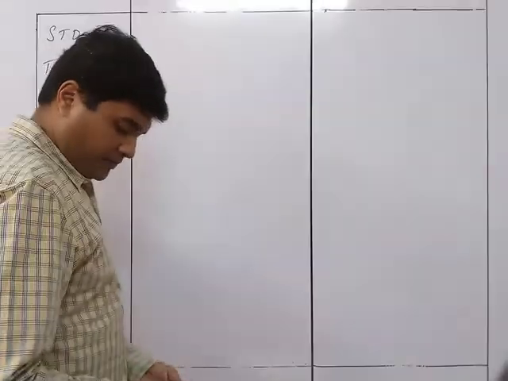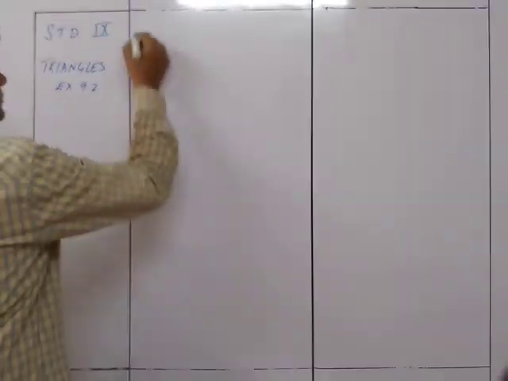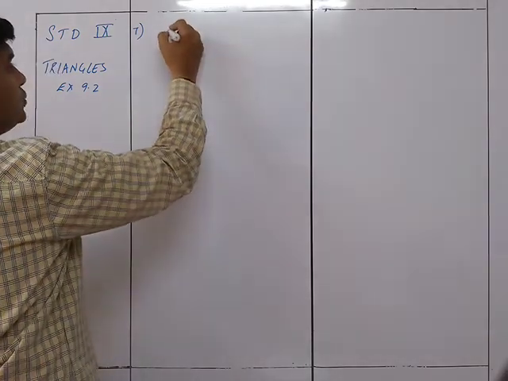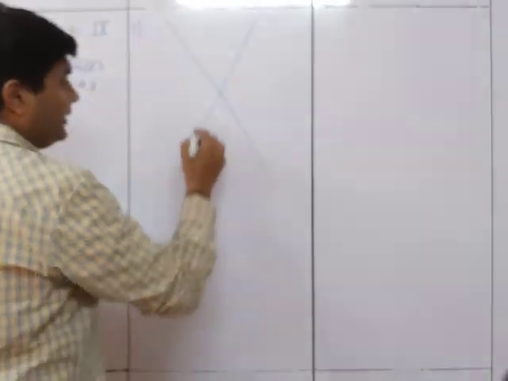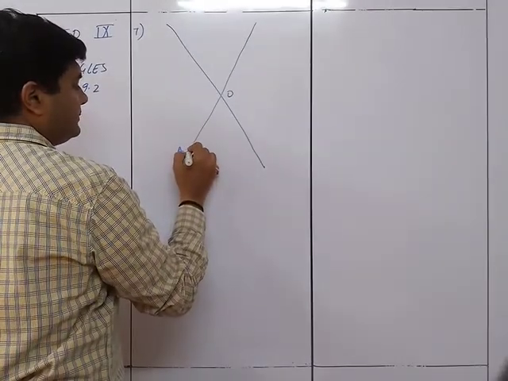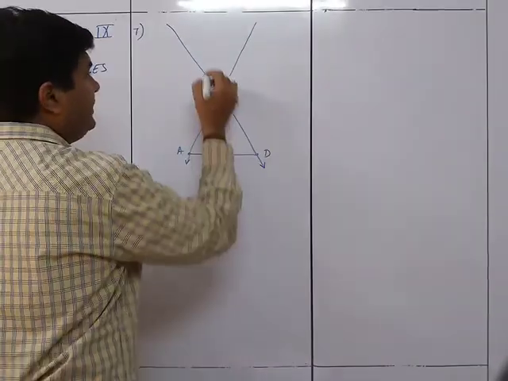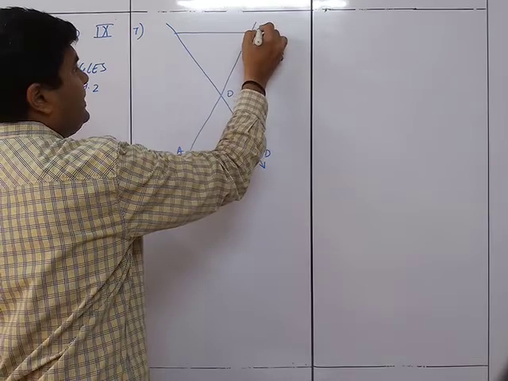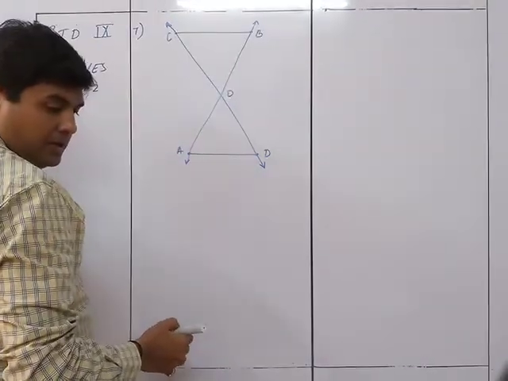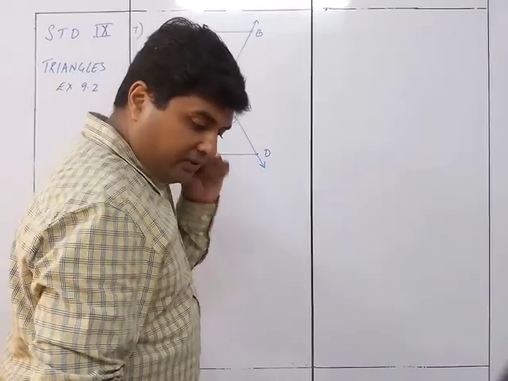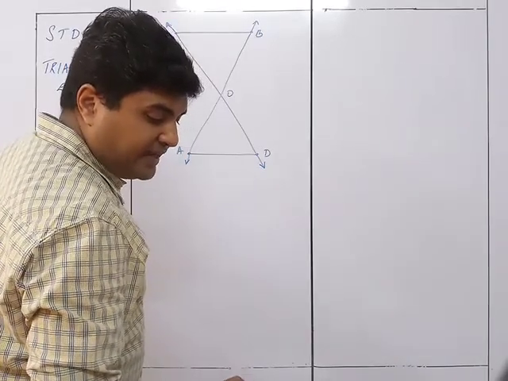Question number 7. You have two lines intersecting each other at O. This is A, this is B, AD joined, this is B, this is C. Two lines AB and CD intersect each other at O such that BC is equal to DA.